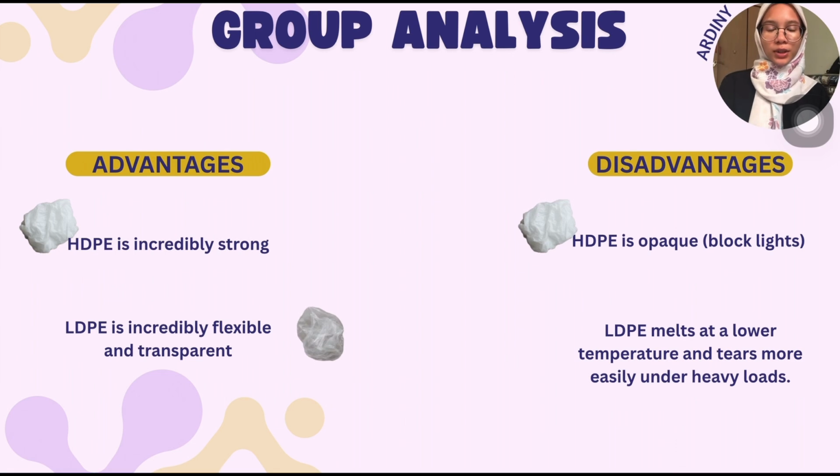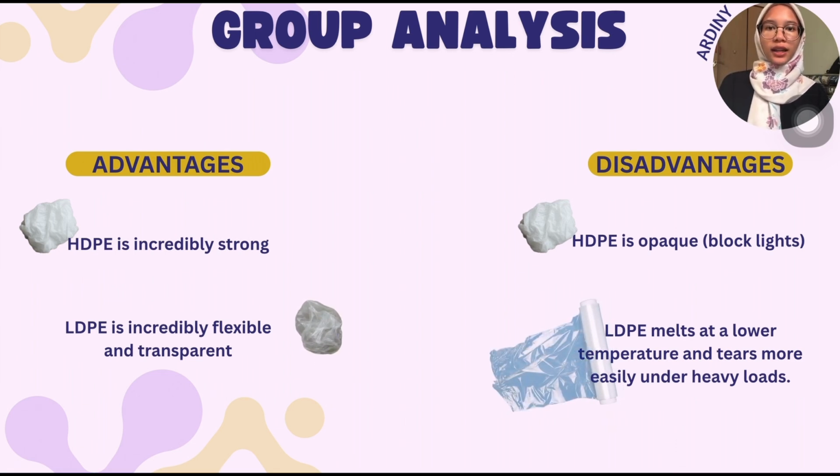First, for HDPE, its main advantage is that it is strong, which makes it ideal for products that need to hold their shape under pressure. LDPE, on the other hand, is flexible and transparent, so it is perfect for plastic films and clear packaging. Next, the disadvantage of HDPE is that it is opaque.